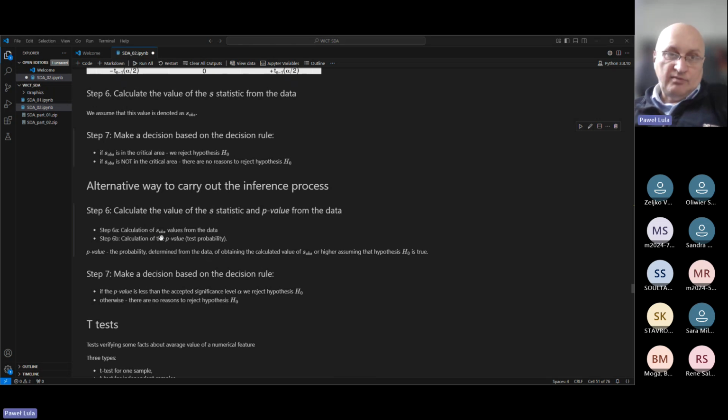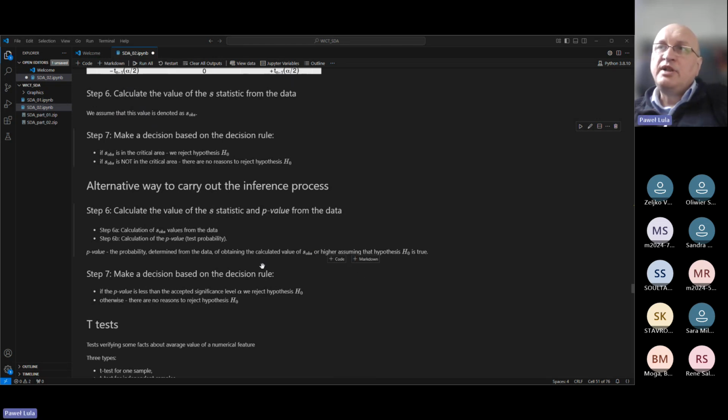Having our data set, having our sample, we should calculate these statistics, and we should also calculate the p-value. The p-value is defined in this way, which we see here.